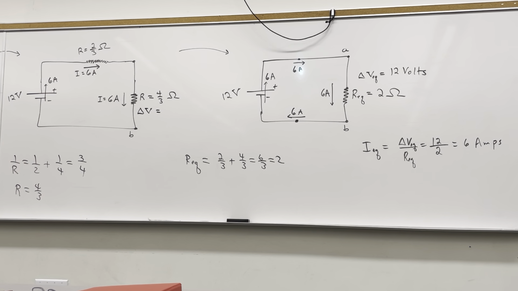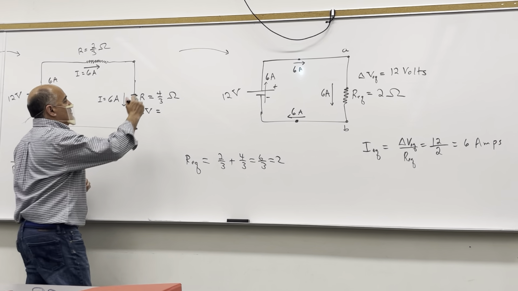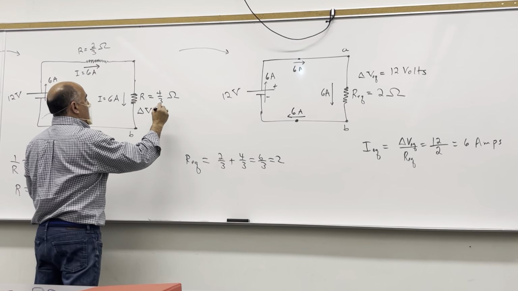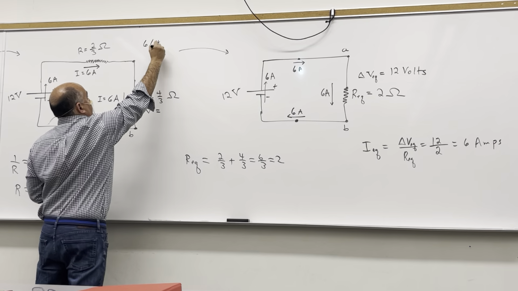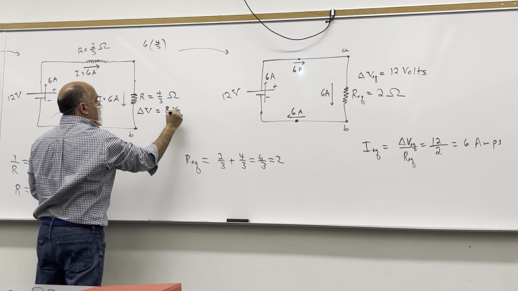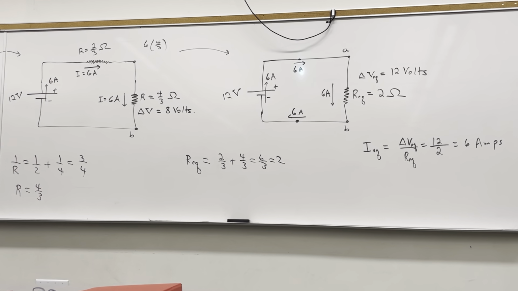I use my master equation, and I multiply the current by the resistance. So how much is 6 times 4/3? So 6 divided by 3 is 2. 2 times 4 is going to be 8 volts. Yes?